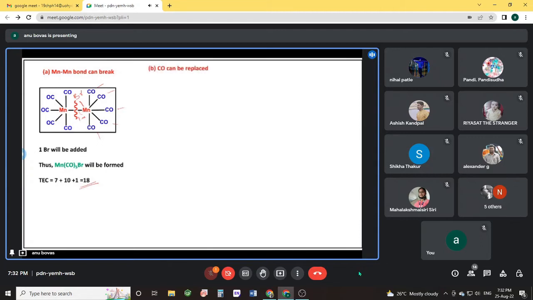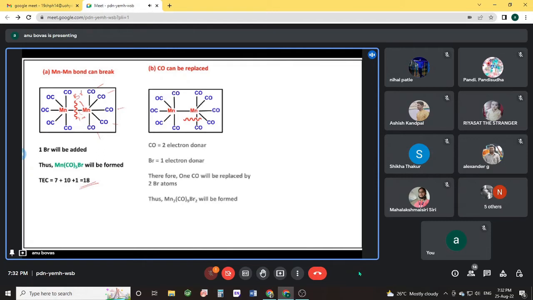Now the second option is where a carbonyl can be replaced. In such a case, a carbonyl is a 2 electron donor and bromine is a 1 electron donor. So in order to replace one carbonyl, 2 bromine atoms should be attached. So the complex thus formed will have the formula Mn2CO9Br2. So such a complex will be formed through way 2 in which carbonyl is replaced.